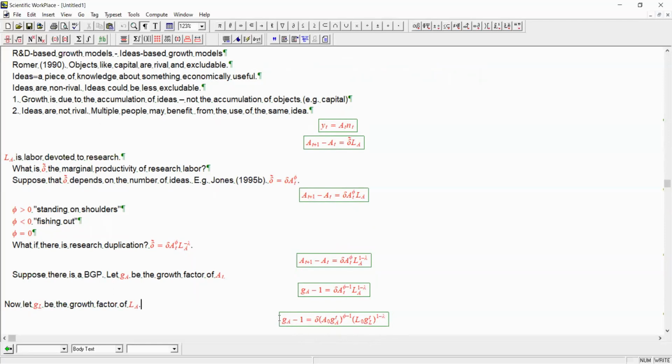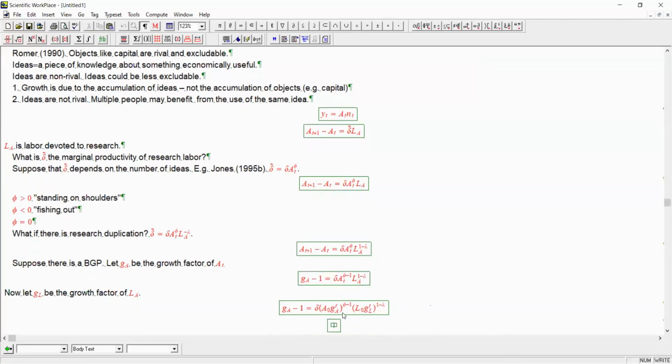And the point is that this, if we have a balanced growth path, is a constant. This, on the other hand, grows, or rather, some of its elements grow. That means that in order for this to be a constant, whatever grows here must cancel out. So whatever growth this implies for what's on the left-hand side must be exactly canceled out by whatever growth this implies for what's on the right-hand side.